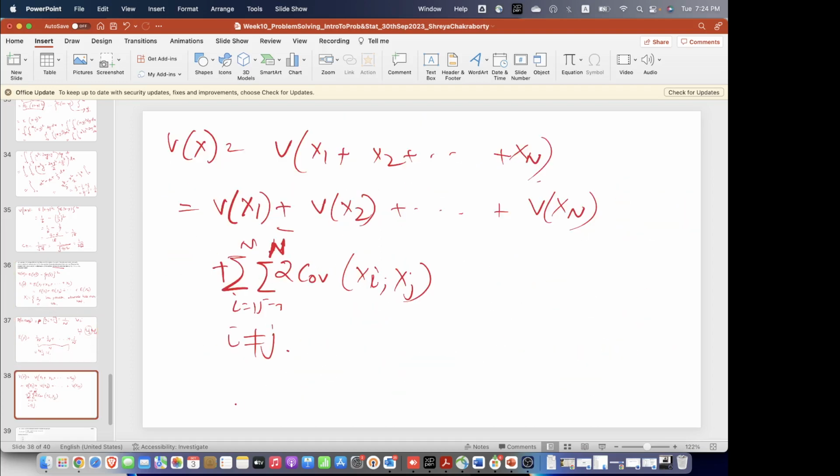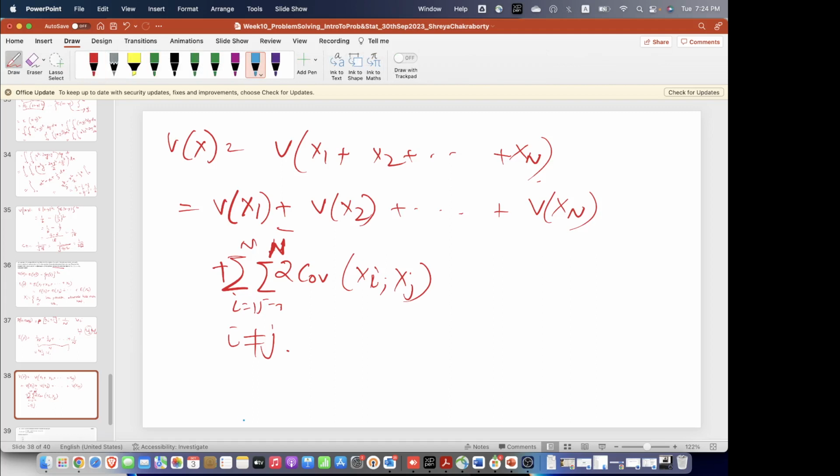Now for each of these xi's, the variance of xi is the expectation of xi square minus the expectation of xi whole square. The expectation of xi square is how much?